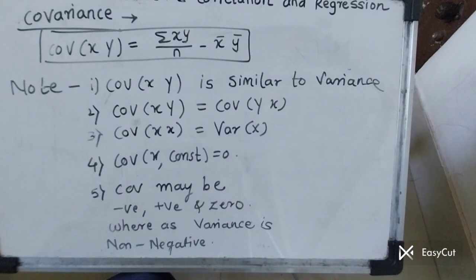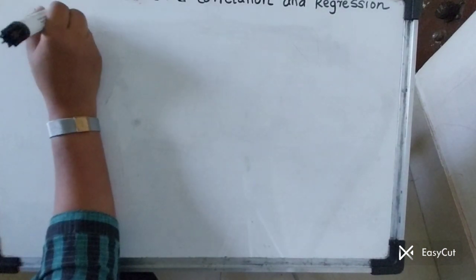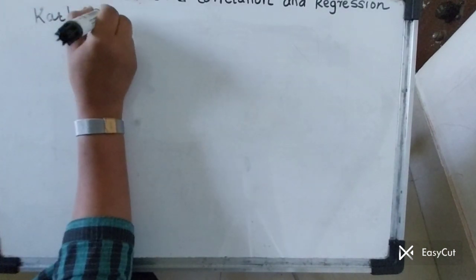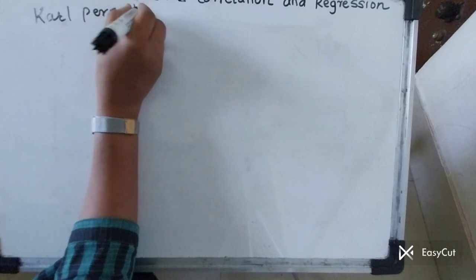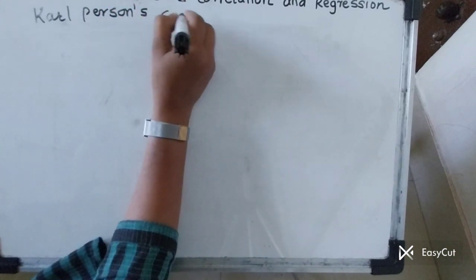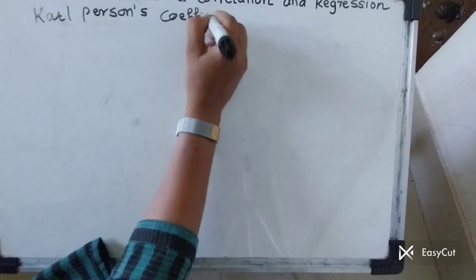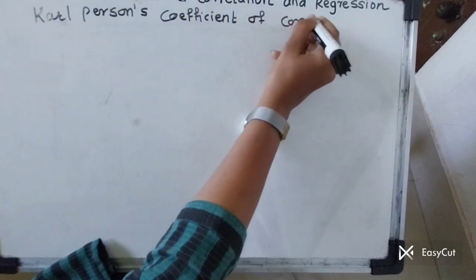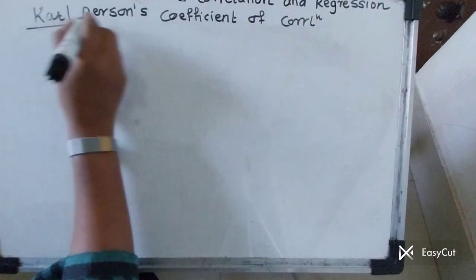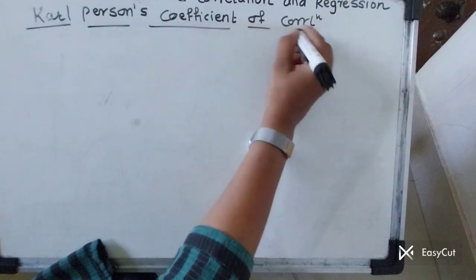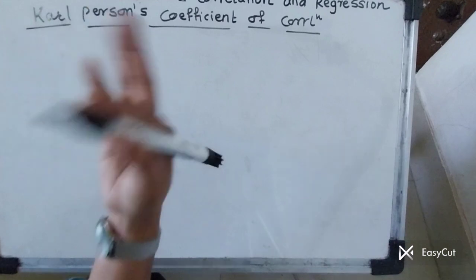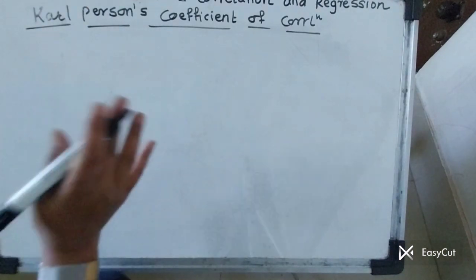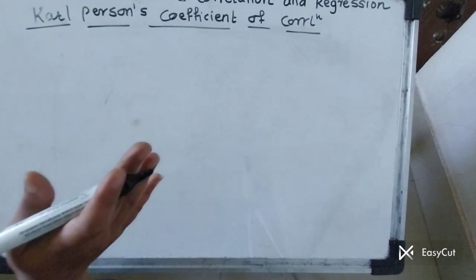Take a screenshot. Next topic is Karl Pearson's coefficient of correlation. This is the next tool for finding the correlation between two variables. Nobody will ask the theory part. Just remember the formula and find the solution.